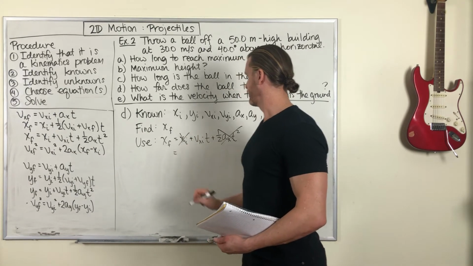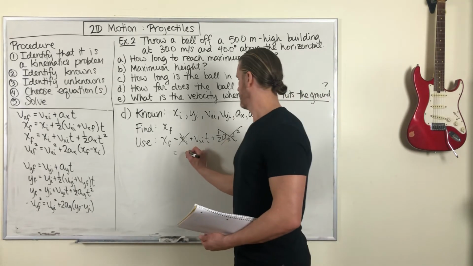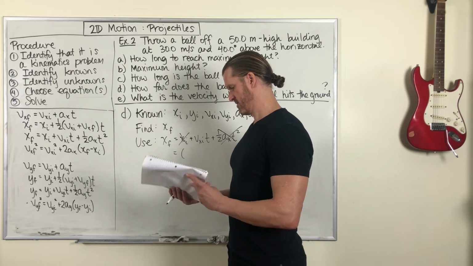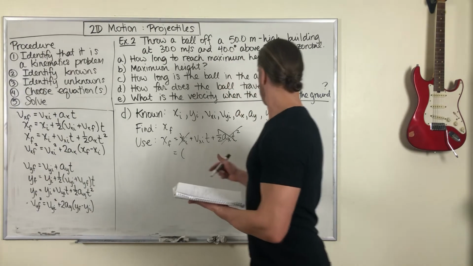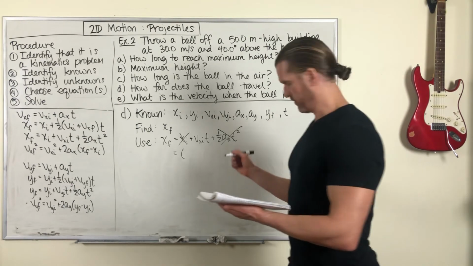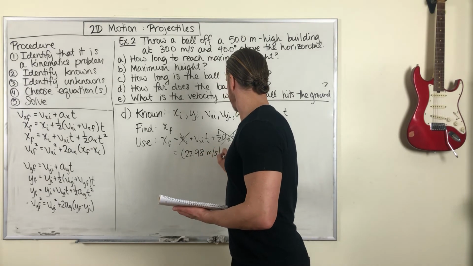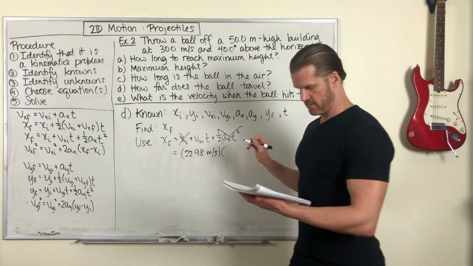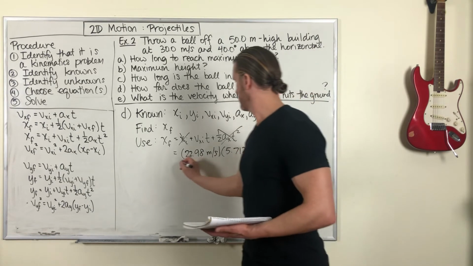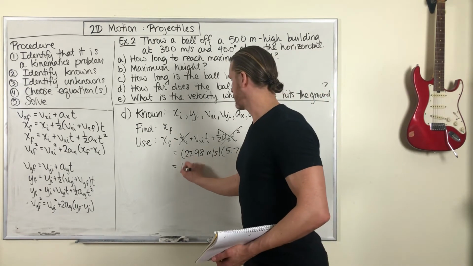So we just have the familiar relationship, x equals v times t, and we use our same vx from last time, and we use the t that we just found in part C. So those were 22.98 meters per second and 5.712 seconds, which gives you 131 meters.